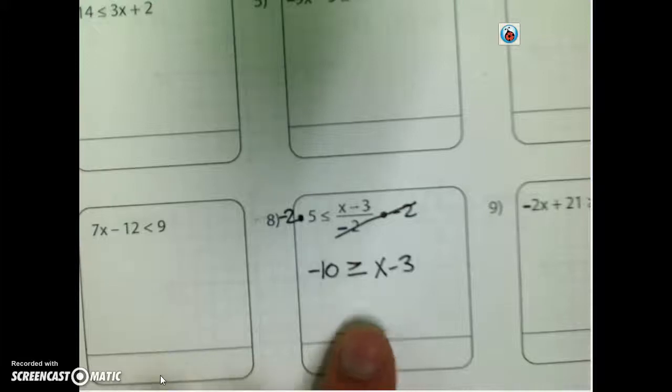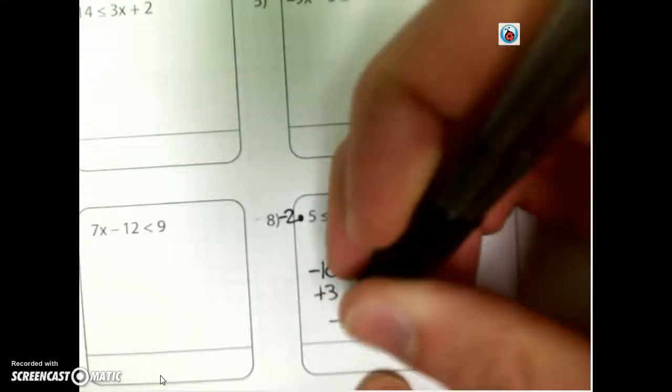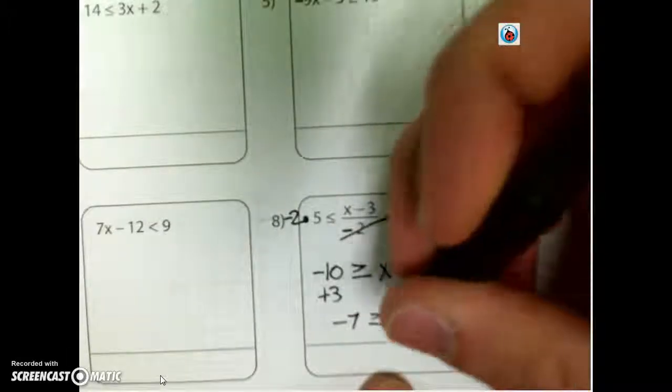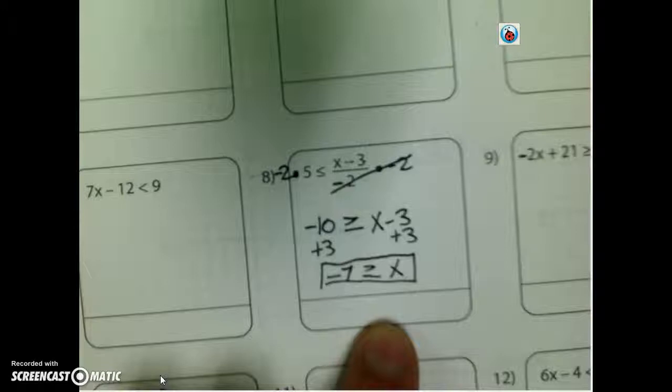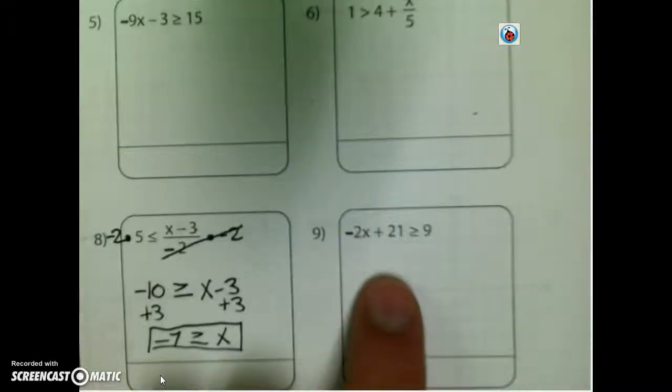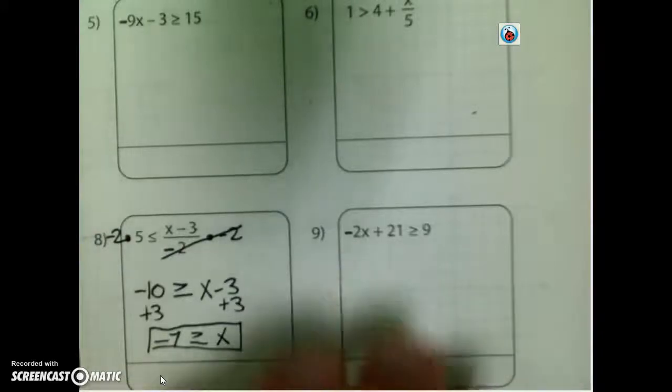I'll add a 3 to both sides. And we'll get that negative 7 is greater than or equal to negative 2x. Now remember, anytime we have to multiply or divide by a negative number, and on this problem, when we eventually divide by the negative 2, don't forget to change your inequality.